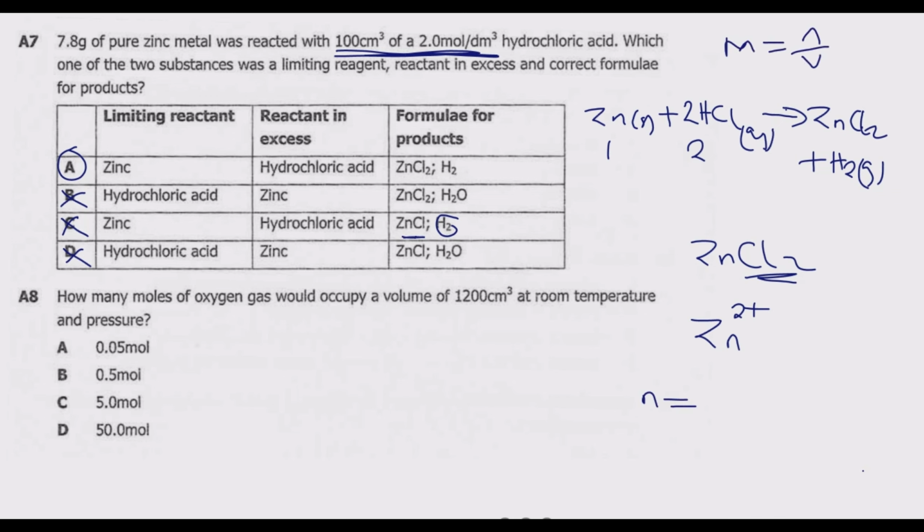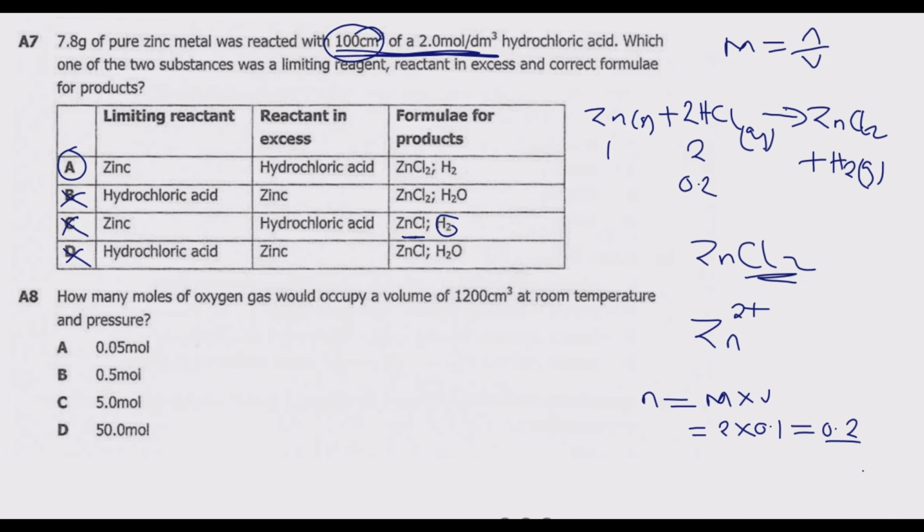So to find the number of moles, we multiply molarity by volume. Molarity is 2. Then we convert the volume to decimeters by dividing by 1000, and we end up with 0.1. Then we multiply that, we get 0.2. So here we have 0.2 moles of hydrochloric acid.